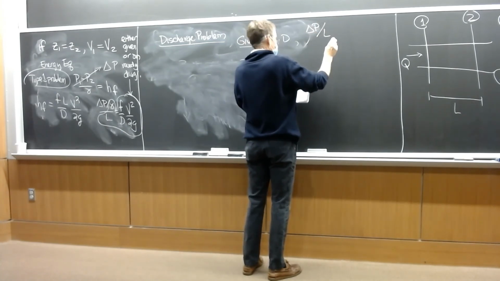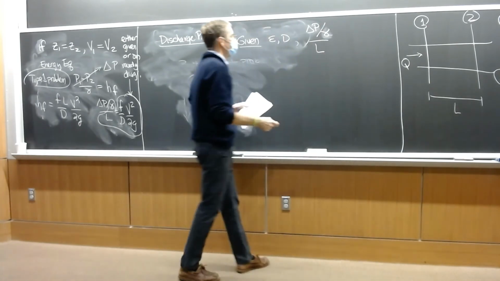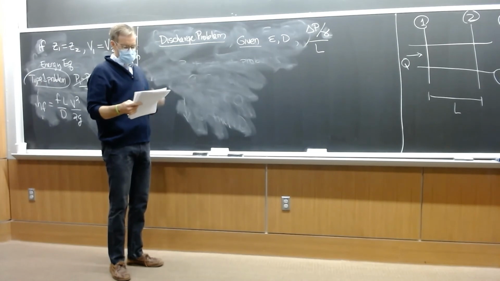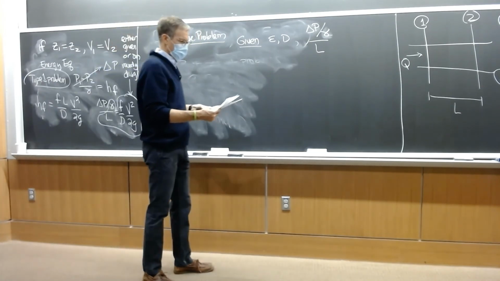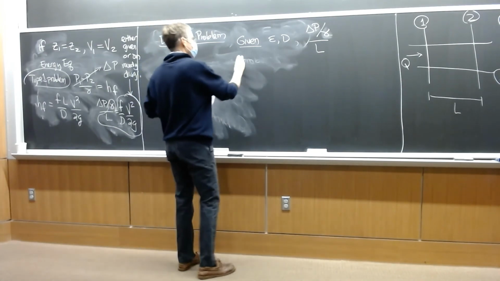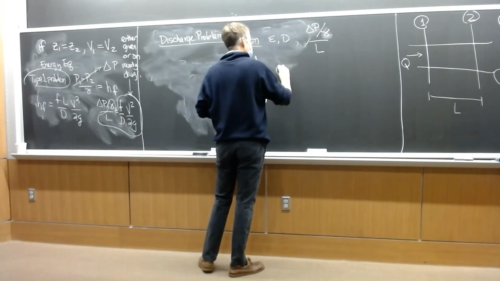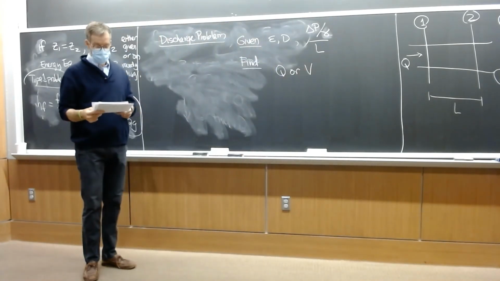We're given the pressure drop per unit length, and we're asked to find Q or V or both.